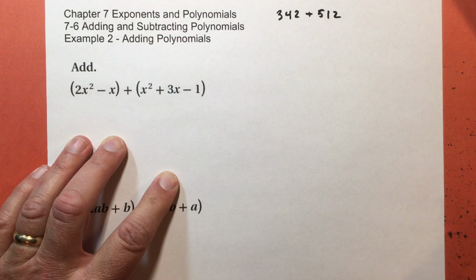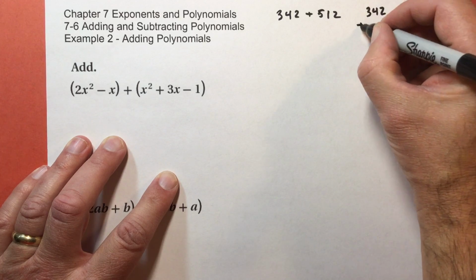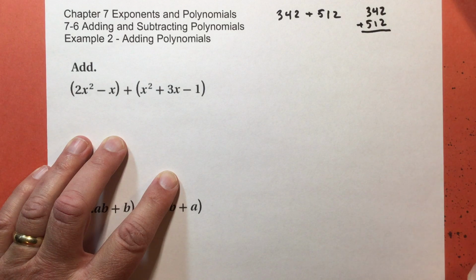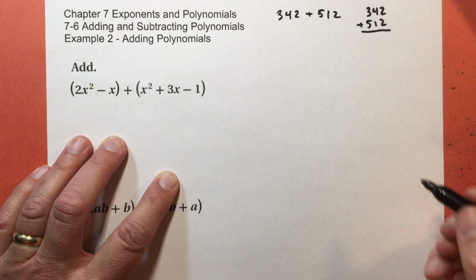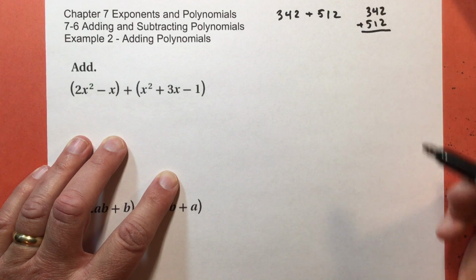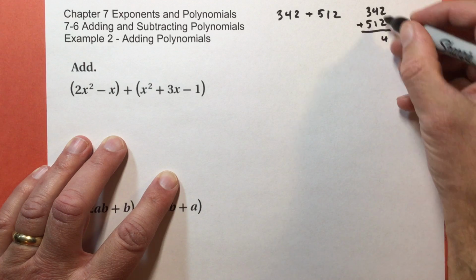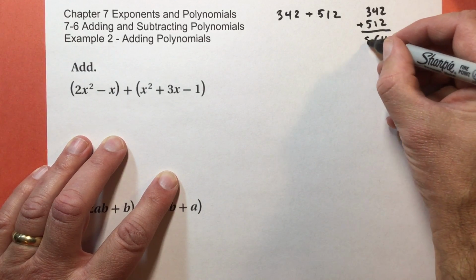Well, you probably learned this way: 342 plus 512. And maybe your elementary school teacher said, line things up by place value. So the 2 plus 2 would equal 4, the 4 plus 1 would equal 5, and the 3 plus 5 equals 8.